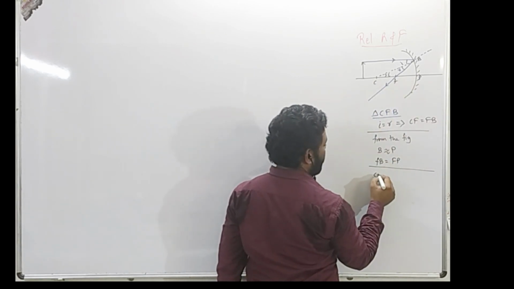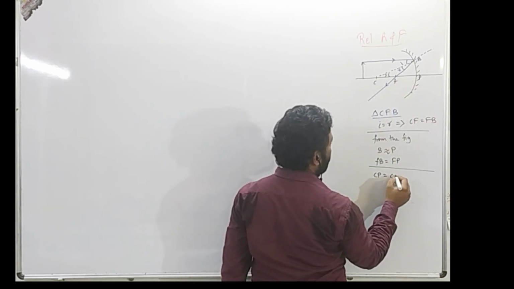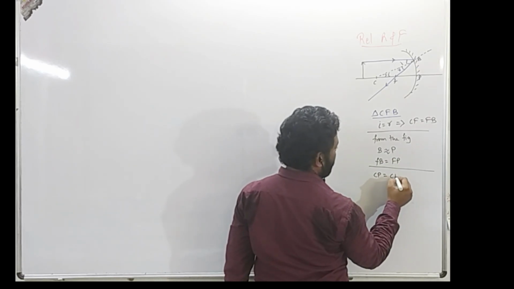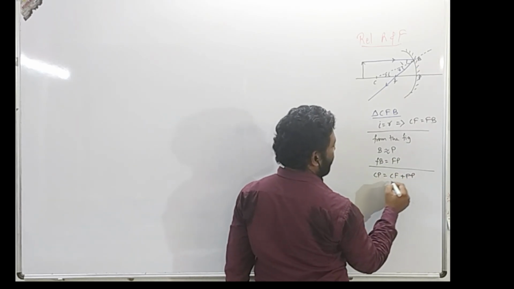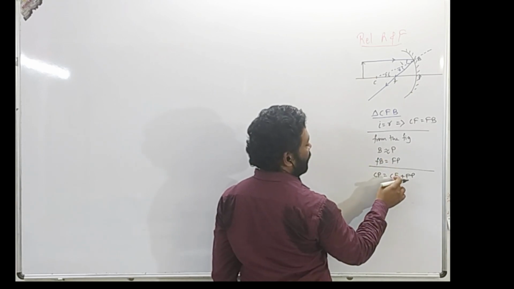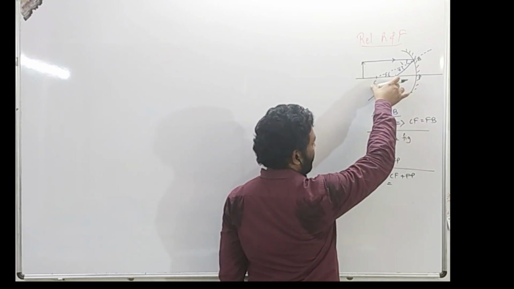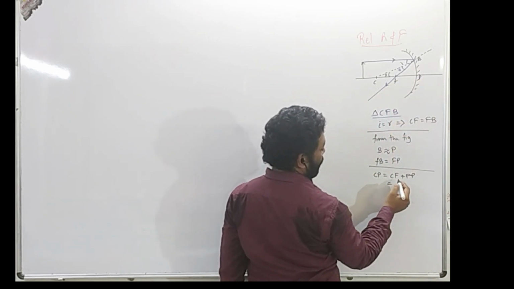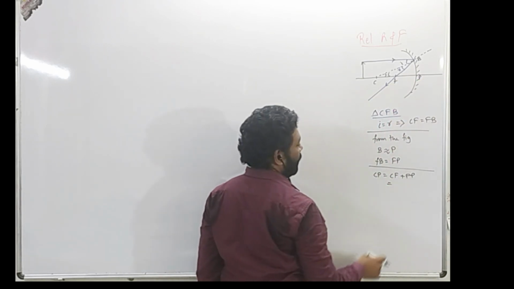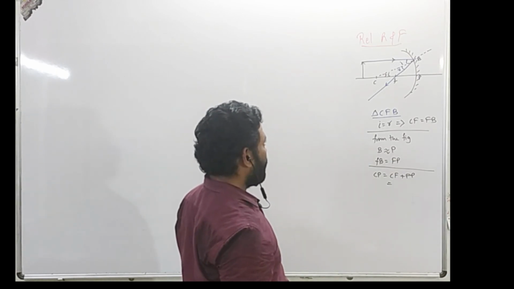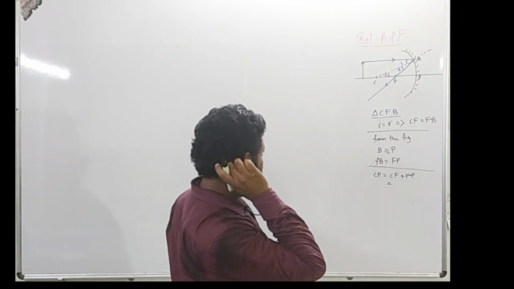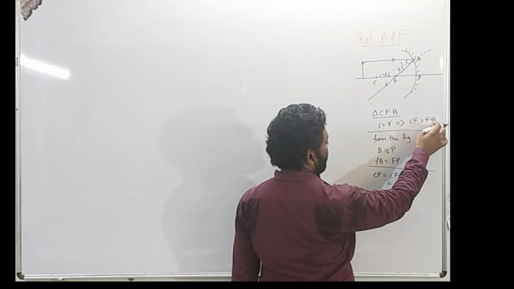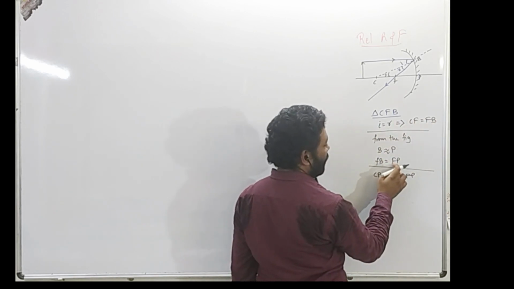We know that the distance CP is equal to CF plus FP. Here we have CF is equal to FB, and FB is nothing but equal to FP.